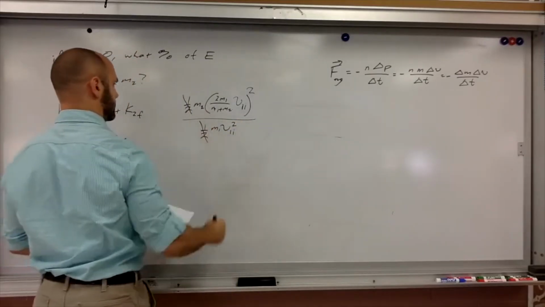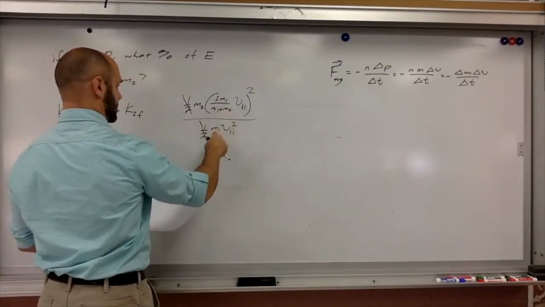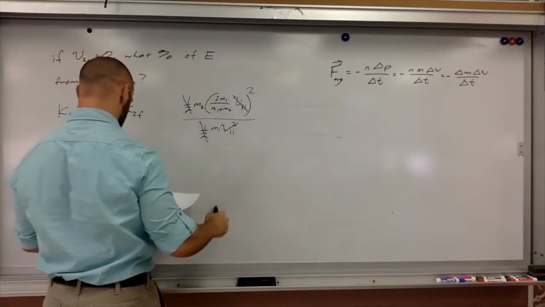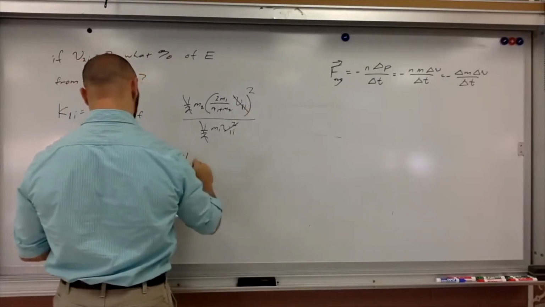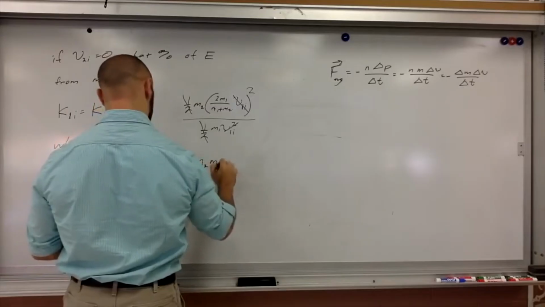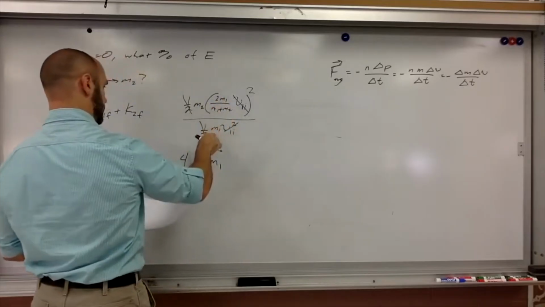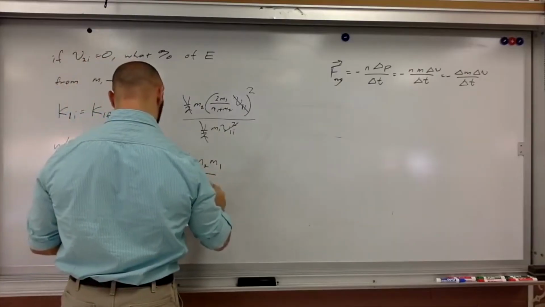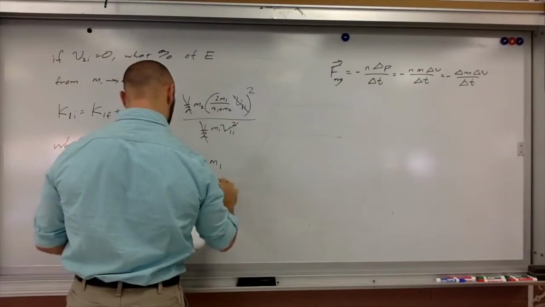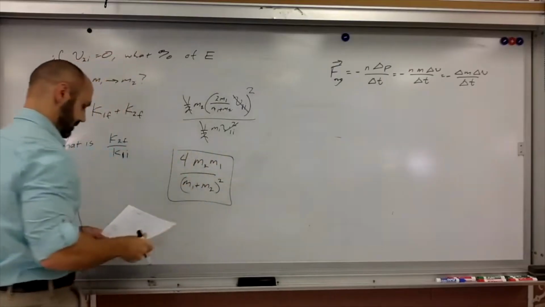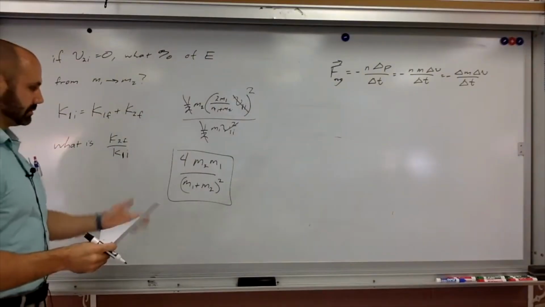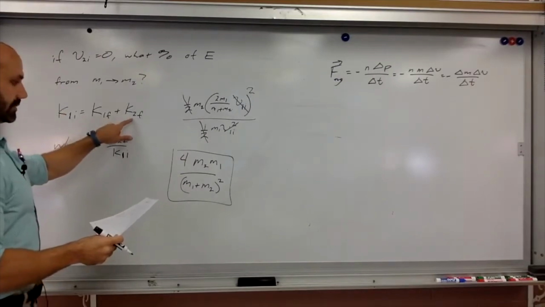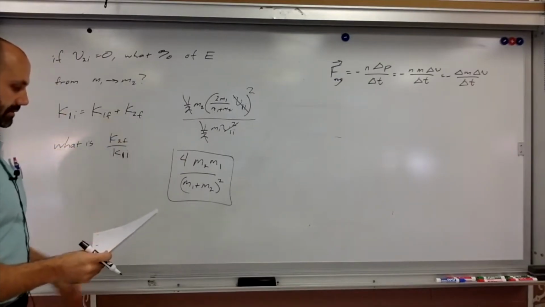One of these cancels with one of these, and so I'm left with 4 m2 m1, with one of the m1s canceling, over m1 plus m2 squared. So this is the percentage of energy that's transferred to the second object, if it's a perfectly elastic collision.